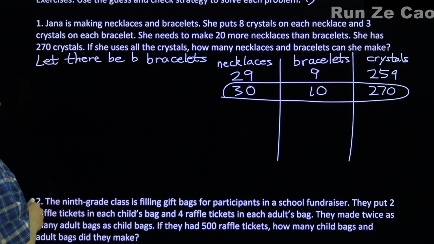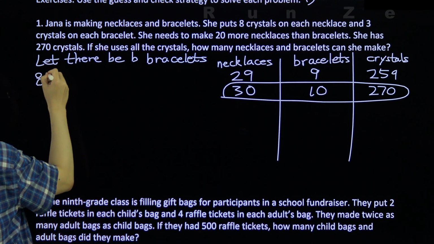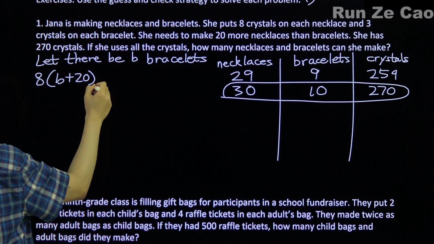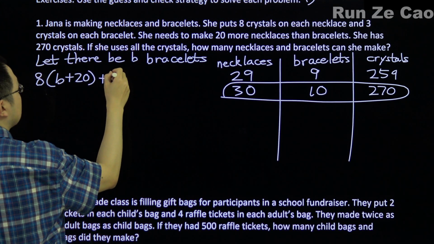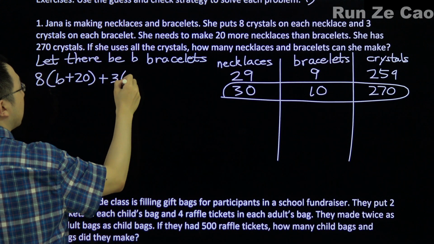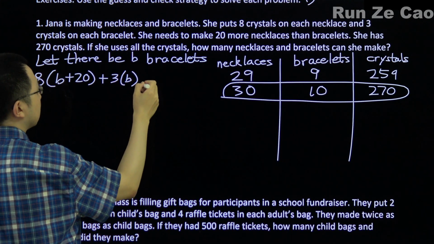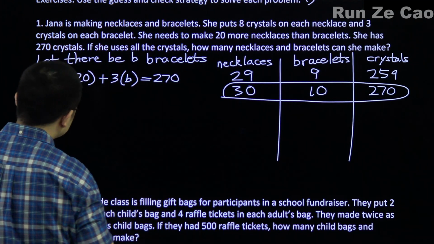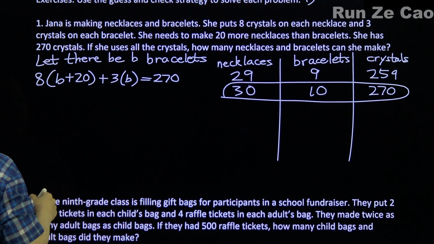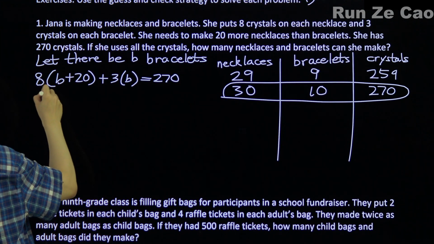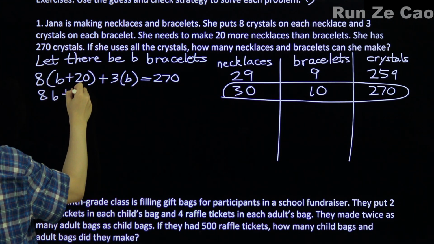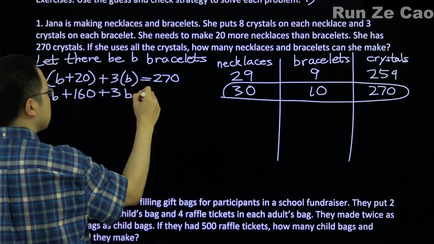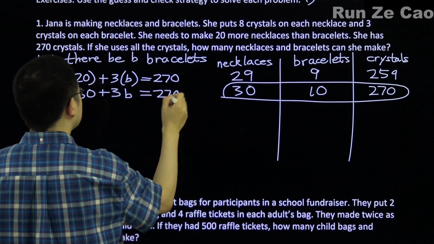What we're being told is that 8 crystals multiplied by B plus 20, the number of necklaces, plus 3 crystals multiplied by B, the number of bracelets, is equal to 270. Yeah. 8B plus 160 plus 3B is equal to 270.